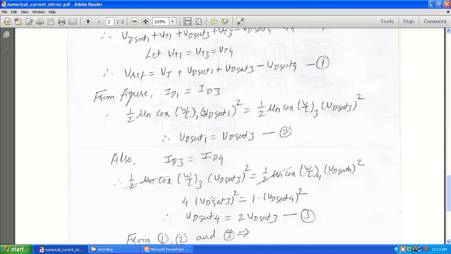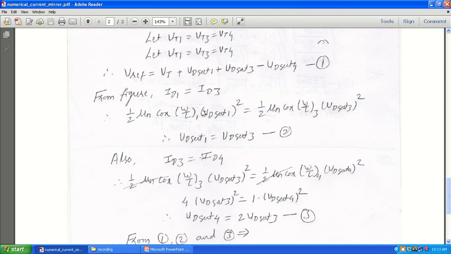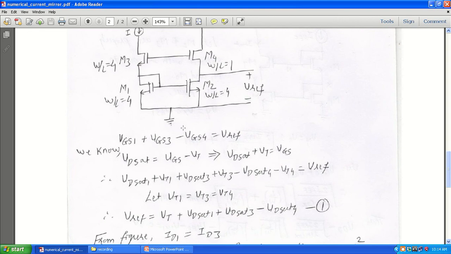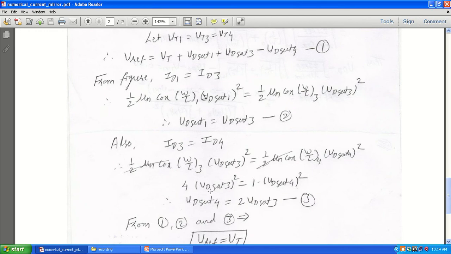Therefore you can write here that 1/2 mu n Cox W/L of 3 into VD3 squared is equal to 1/2 mu n Cox W/L of 4 VD4 squared. W/L of 3 given is 4, and W/L of 4 given is 1. Therefore you get VD4 is equal to 2 times VD3.